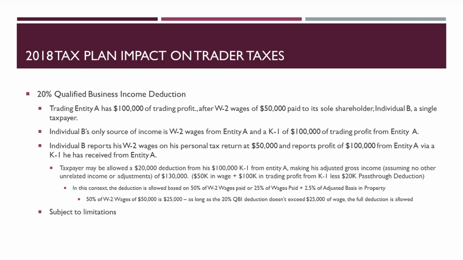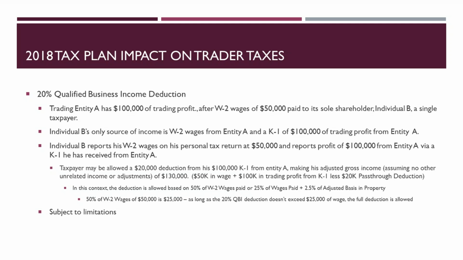So trading entity A has $100,000 of trading profit after W-2 wages of $50,000 paid to its sole shareholder, individual B, who's a single taxpayer. Individual B's only source of income is W-2 wages from entity A and a K-1 of $100,000 of trading profit from entity A. So in other words, individual B has $150,000 of taxable income for the year in question.